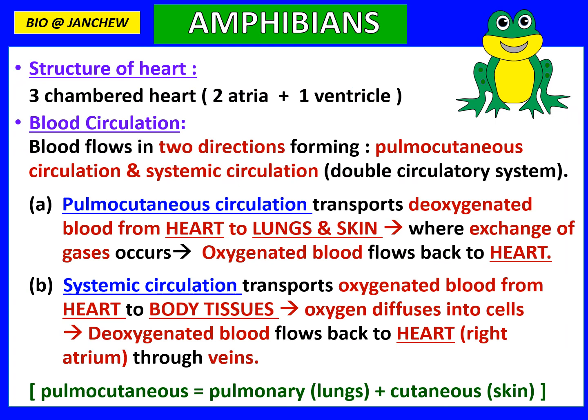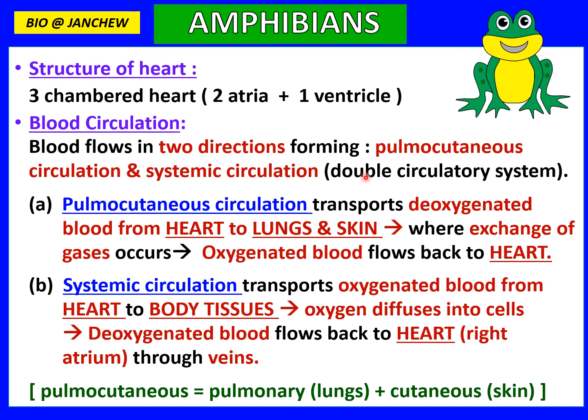Next, what is the structure of a frog's heart? A frog has a three-chambered heart consisting of two atria and one ventricle. The two atria are the right atrium and the left atrium, and there's only a single ventricle where the deoxygenated blood and the oxygenated blood mix. Blood circulation: blood flows in two directions, forming A, the pulmocutaneous circulation, and B, the systemic circulation.